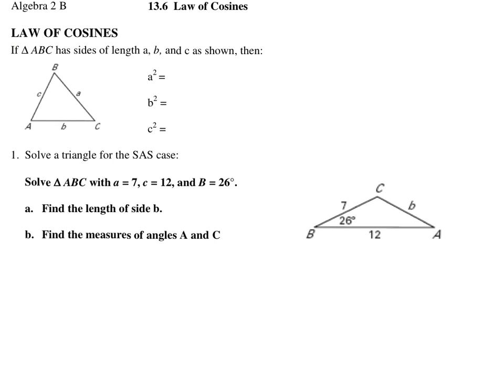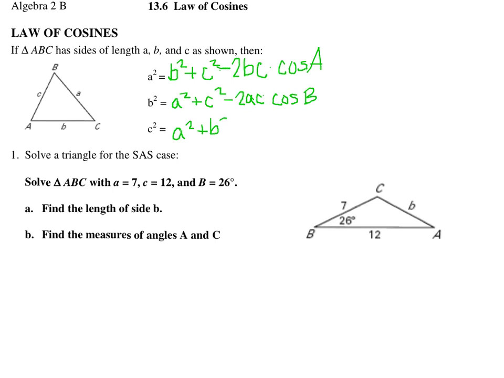If you're looking for a squared, then that equals b squared plus c squared minus 2bc times the cosine of A. If you're looking for b squared, that equals a squared plus c squared minus 2ac times the cosine of B. And if you're looking for c squared, that equals a squared plus b squared minus 2ab times the cosine of angle C.